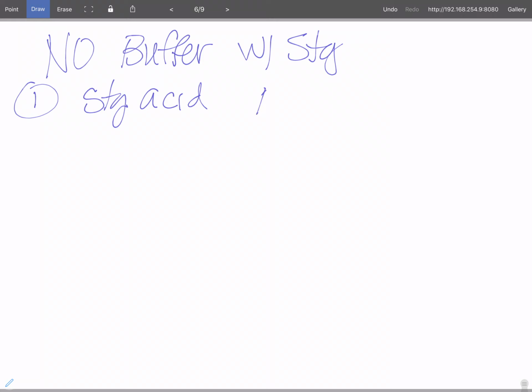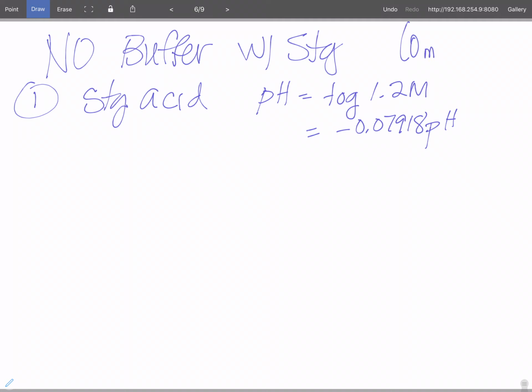So our first point is the strong acid. So the pH is going to be equal to the negative log of the 1.2 molar, which comes out to be equal to a negative 0.07918 pH. Now, again, you're not really supposed to have negative, but we'll just go with it. So this point is 0 milliliter, negative 0.07879 pH.